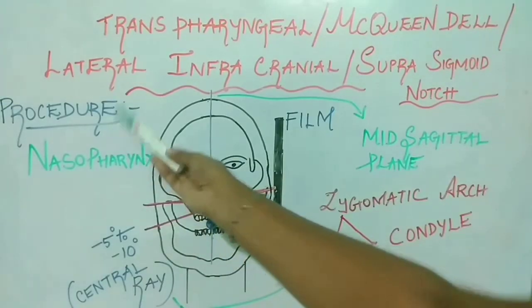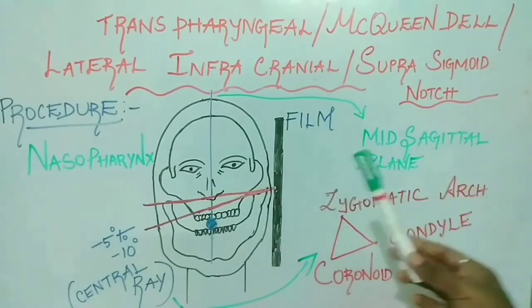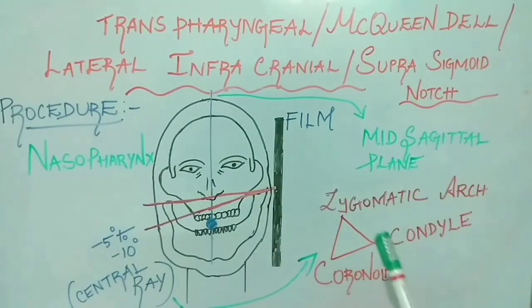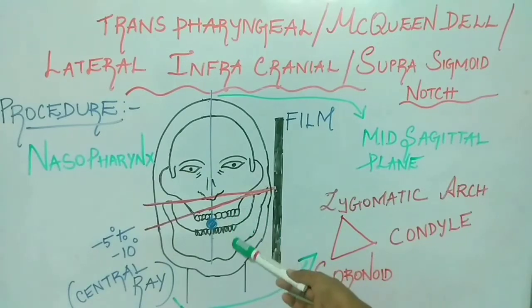Now let's learn about the procedure. This projection can be taken with an intraoral X-ray machine and it can also be taken with an extraoral X-ray machine. Usually this projection is taken with the maximal mouth opening position.